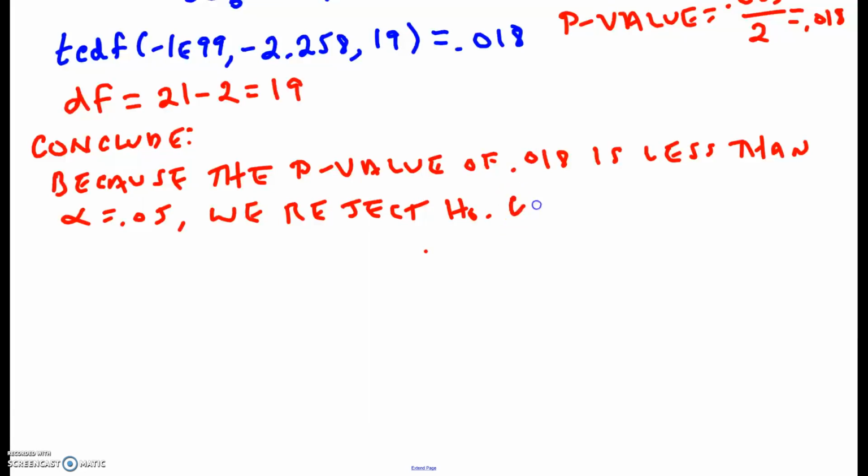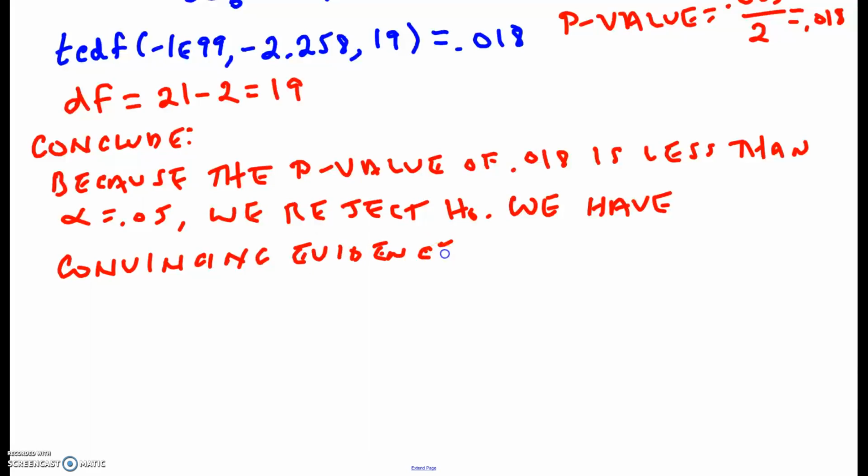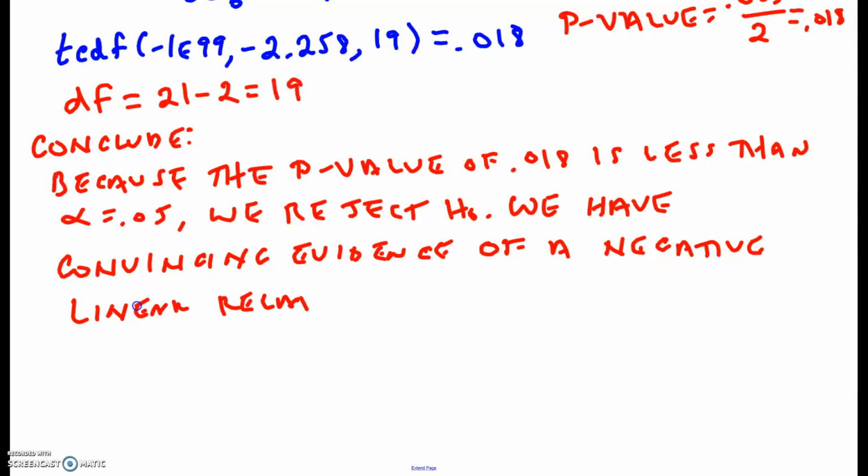And therefore we have convincing evidence of a negative linear relationship between number of absences and grade.